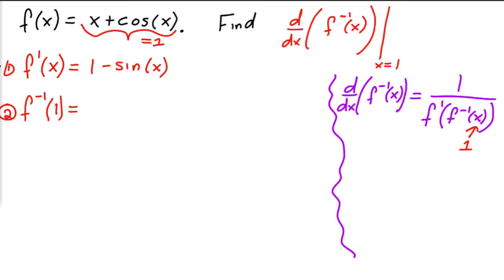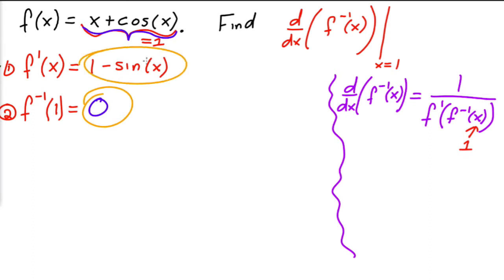And usually this is a simple thing to find. So notice that if you plug in 0, cosine of 0 is 1, and then plus 0 is equal to the number 1. Okay, so I've got these two guys.